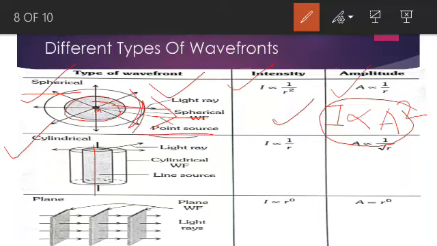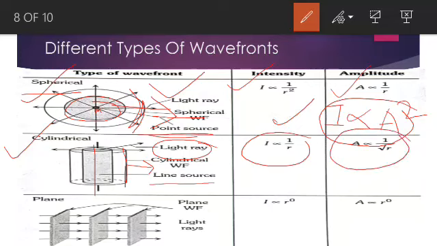So this is the line source, and the cylindrical wavefront is shown here, and the arrow is showing the light ray. In this cylindrical wavefront the intensity is inversely proportional to the radius of the cylinder, and amplitude is inversely proportional to the square root of the radius of the cylinder.